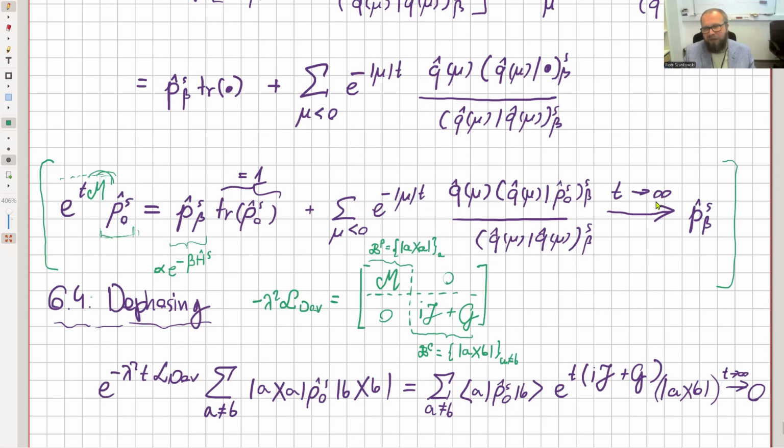But when t goes to infinity, we can be assured that all this will disappear and only this bit will remain, which means we almost observe thermalization, because again, this is what happens on the block, on the subspace spanned by projectors.